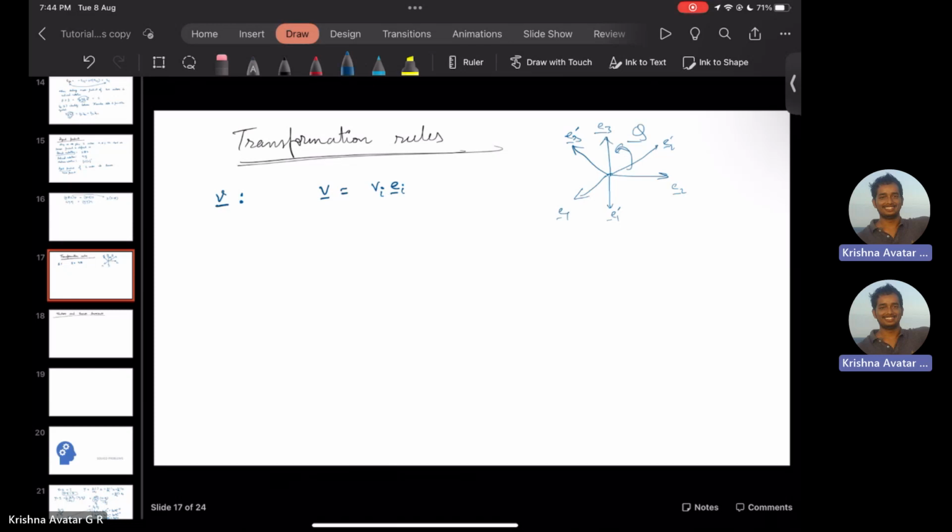We denote this as e_i prime given as Q_ki e_k. So this is the transformation rule that's going on.